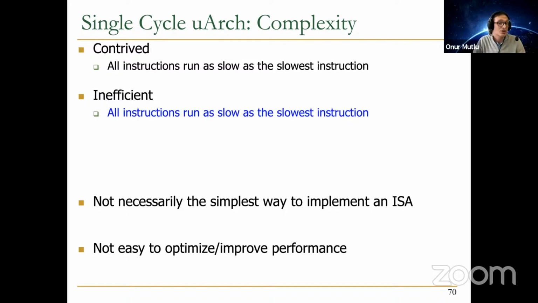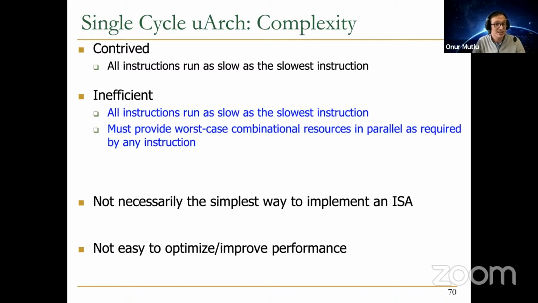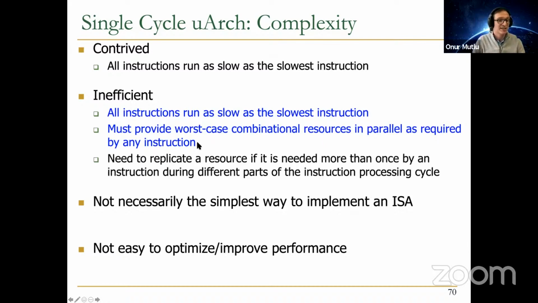Inefficient, because all instructions run as slow as the slowest instruction. You must provide the worst case combinational hardware resources in parallel, as required by any instruction. And you need to replicate a resource if it's needed more than once by an instruction during different parts of an instruction processing cycle. I've shown you an example, right? For conditional branch, for example, you have an ALU, but you cannot use the ALU to compute the branch condition and also compute the branch target address if you have only a single clock cycle.